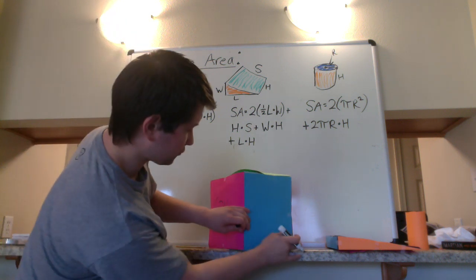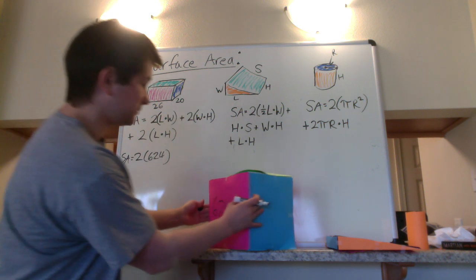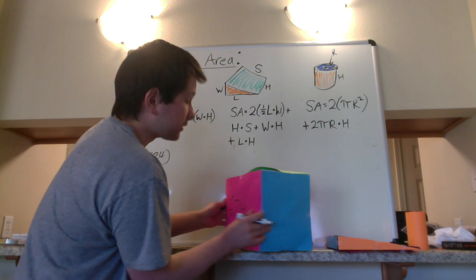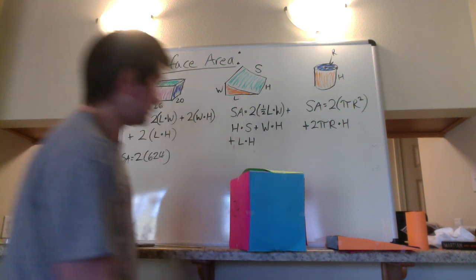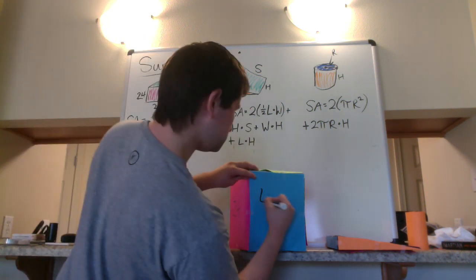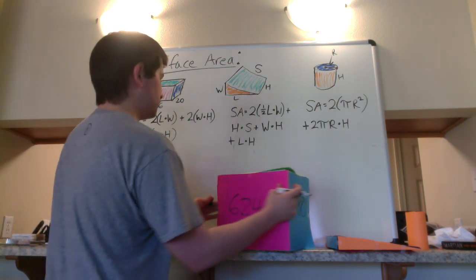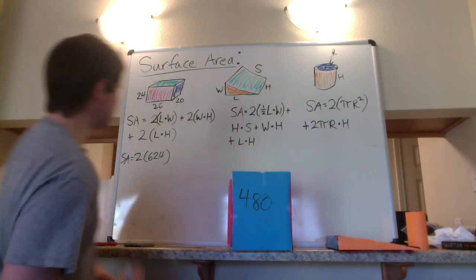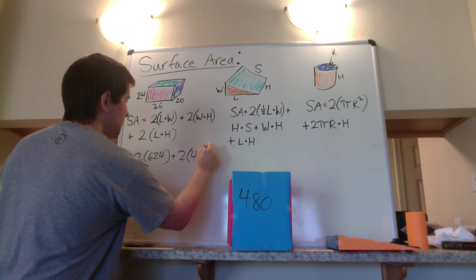If I know this is 20 centimeters, and from the last rectangle we know that this 24 centimeter side I measured over here is the same over here, then to calculate this blue side I have 24 centimeters by 20 centimeters. 24 by 20, I think, is 480 total. And that means the other side is also going to be 480 square centimeters. So let's do plus 2 times 480.